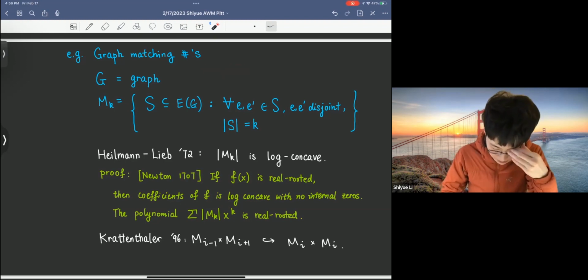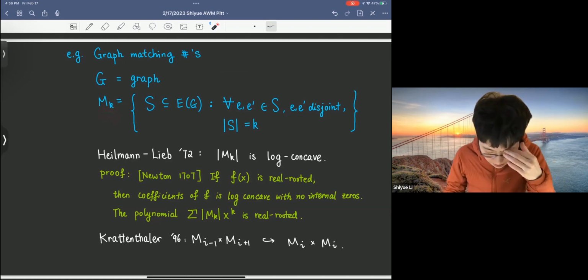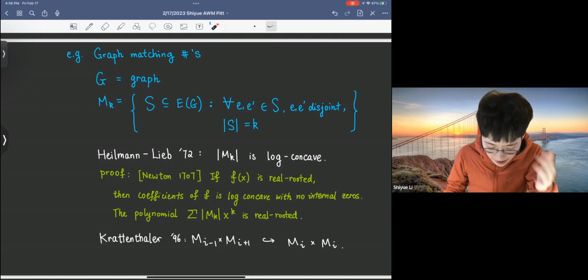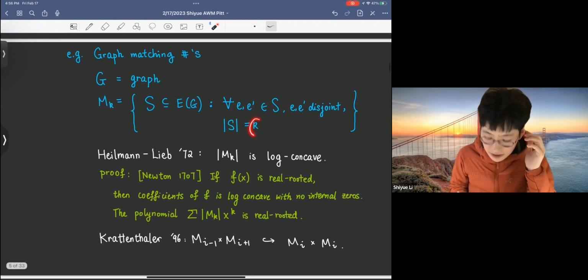For each k, I can look at the set that consists of matchings in this graph that have exactly k edges.